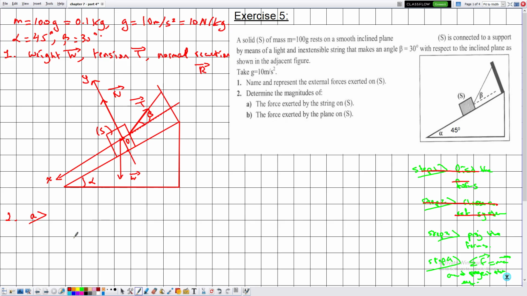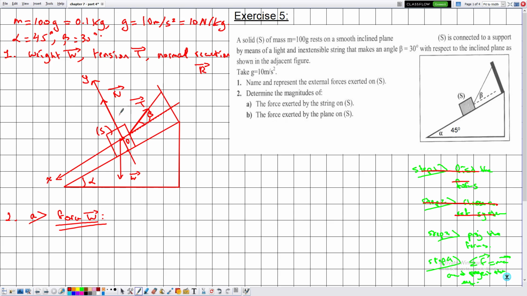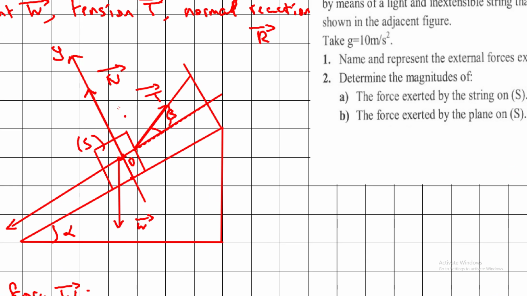Now let's project the forces. Let's start with the weight. Before we start projecting the forces, let's indicate the different angles. If this is beta, then this angle here: recall that the tension T is a free vector, so T can be moved.